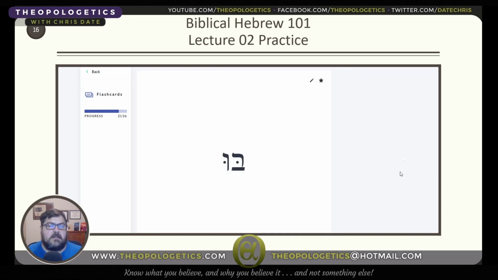Next up is this vowel. The vowel is the vav with a dot inside of it. What is this vowel? This is the U class long mater known as shurek. It's the only mater that isn't named after the consonant that it modifies.